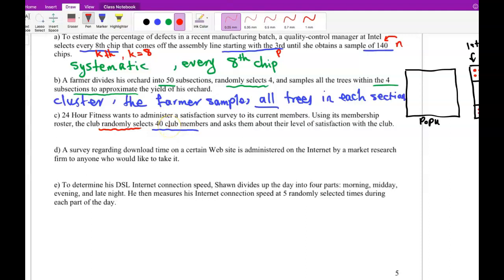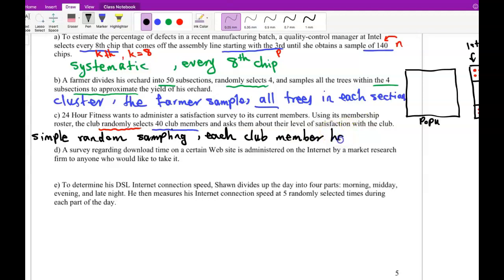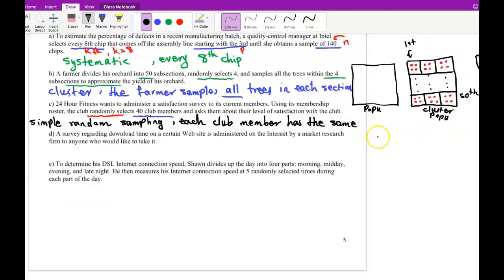Each club member has the same chance of being selected.